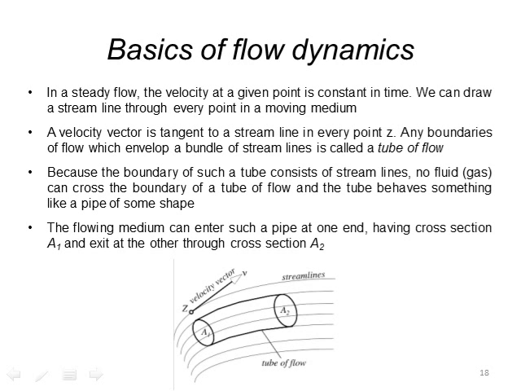And an example is shown on the bottom. Okay. So the flowing media can enter such a pipe at one end, having cross-section A1, and exit at the other through a cross-section A2. This is called a tube of flow.